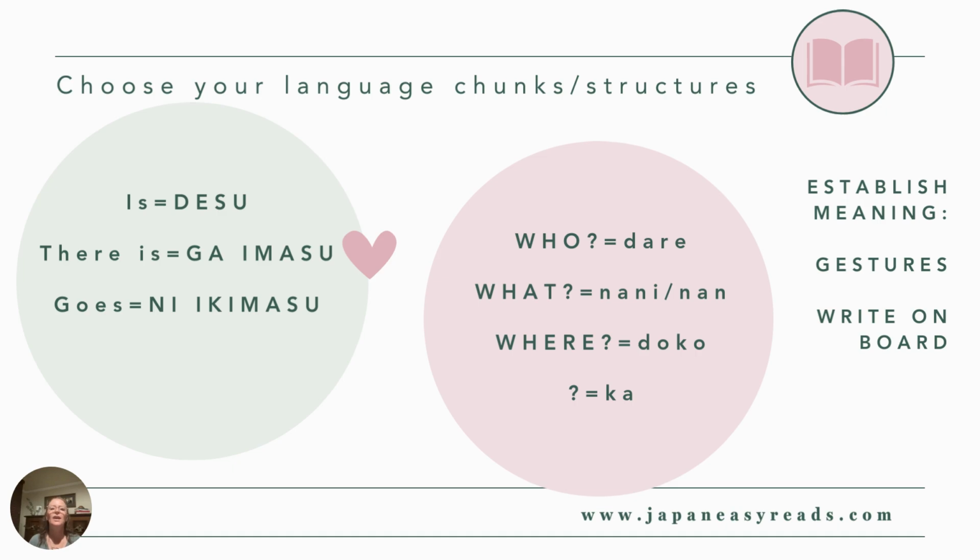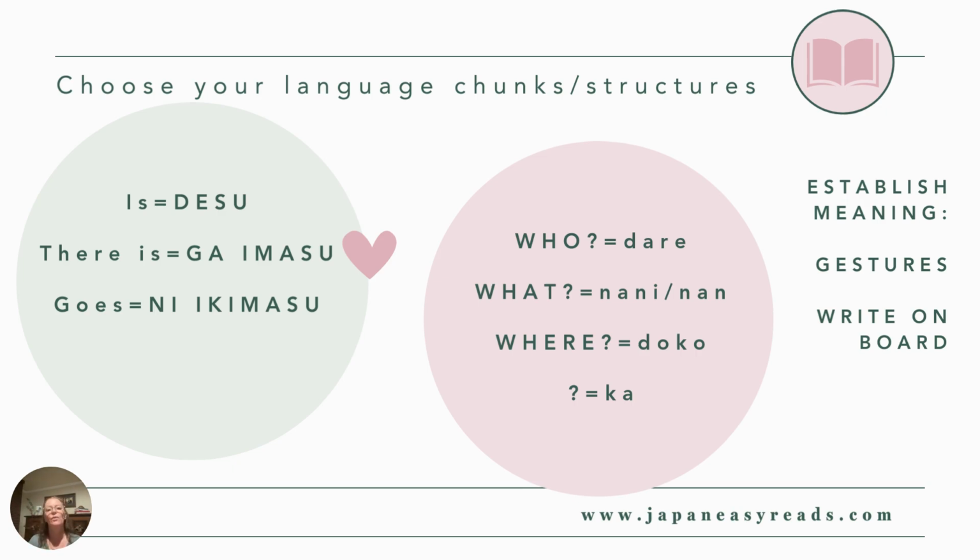And the question words that I have up all the time in every lesson, either on posters or displayed as a word wall on my computer, dare, nan, nani, doko, and ka. So establishing meaning could be the gestures. For example, dare.